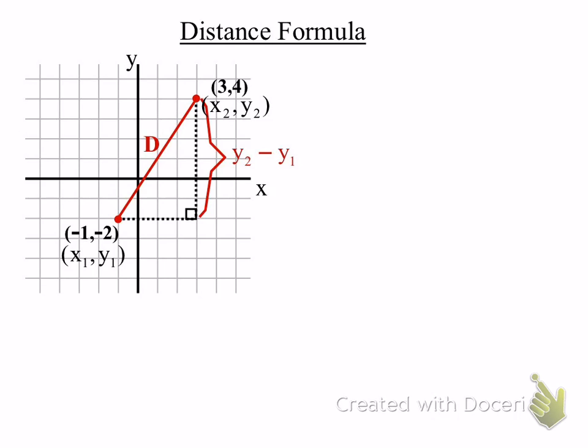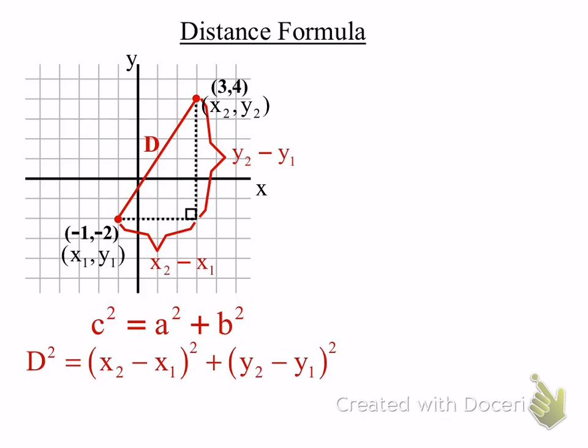And this is the difference in my x's, x2 minus x1. If this equals my a, I can substitute that in for a squared, and this in for b squared, and this in for c squared. Are you with me? Yes or no?